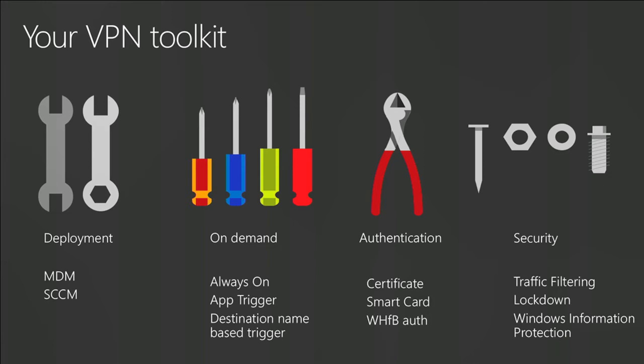Another option is using a lockdown profile, where you're forcing all of your users' traffic to go over VPN, and in addition to that, forcing them to never be able to remove the VPN tunnel or disconnect it. That's one of our most aggressive options today. And third, being able to integrate with other Windows security features such as Windows Information Protection.